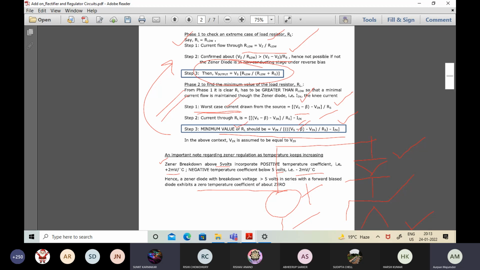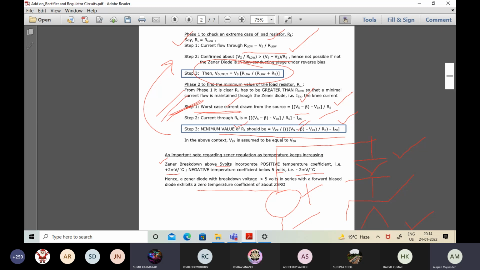It means the minimal current that can be drawn from the source. If plus minus beta is the variation of Vs, that is the source supply, the maximal current should depend on Vs plus beta, and the minimal current depending on the equation given in step 1. The maximal current will be applicable if we have Vs plus beta, and the minimal current will be applicable when we get into the concept of Vs minus beta.